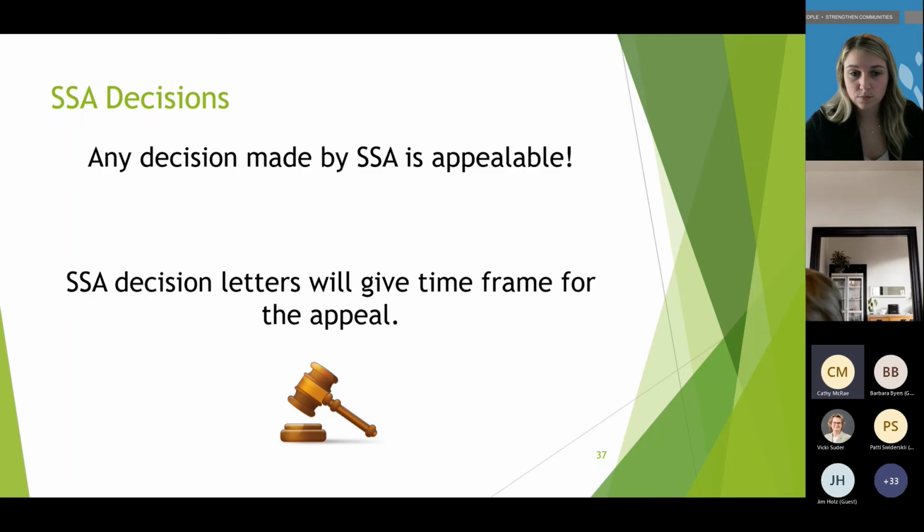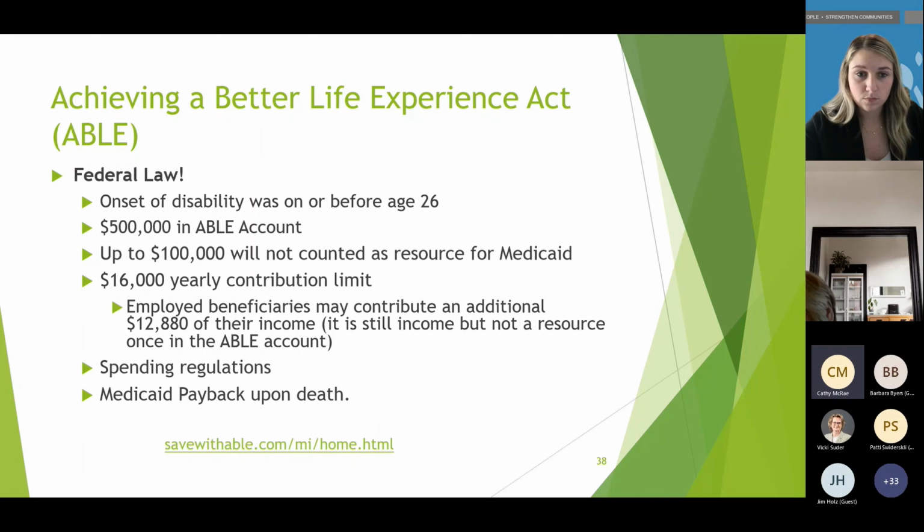So if the individual's disability onset was before the age of 26, then they can save up to $100,000 in an ABLE account, which will not be counted as a resource for Medicaid purposes. Now they can only do that in $16,000 a year increments, because 16,000 is the yearly contribution limit for ABLE accounts, and you're only allowed to have one ABLE account.